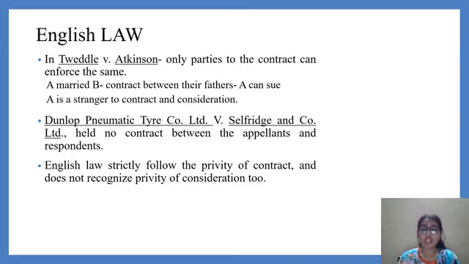Now, what did B do? B sold these car tires to C, a third party other than the contract between A and B, stating the same agreement between A and B, and C agreed for the same.